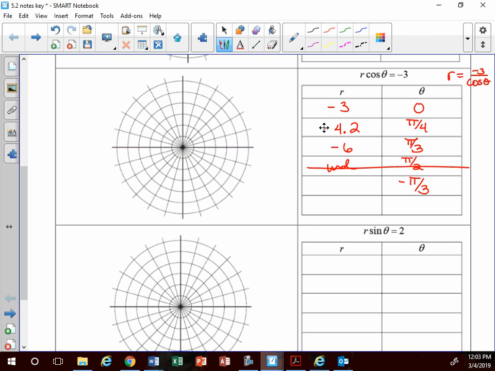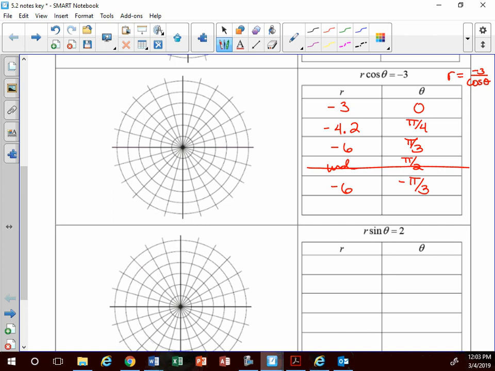Negative pi over 3. Good. Excellent. Your brain has to mush a whole lot of things together to do these.